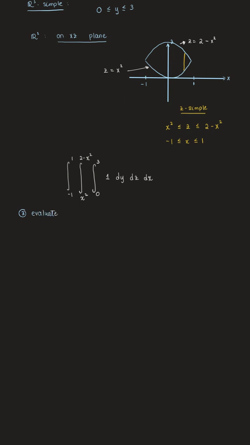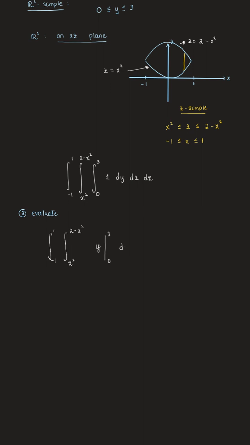And the last few examples I've been doing separating into inner integral, middle integral, outer integral. This one I'm going to do all at one time. So I'm going to keep the bounds for x from -1 to 1, bounds for z from x squared to 2 minus x squared, and when we integrate 1 with respect to y, we get a y, and that will go from 0 to 3.